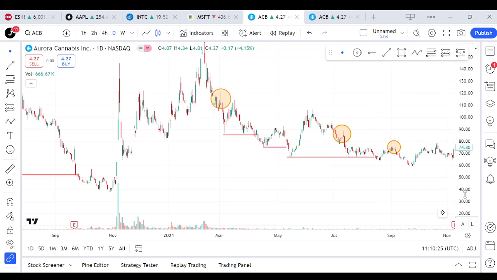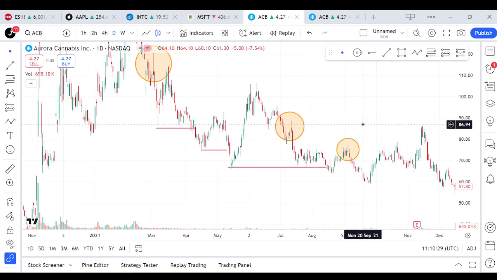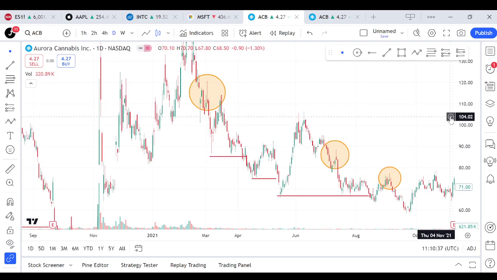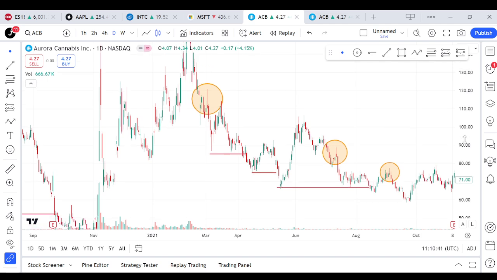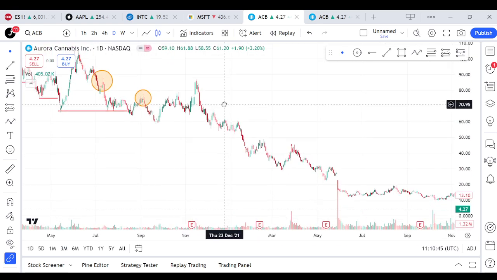Remember, this is the daily time frame, so it's more reliable than using it on the 5 minutes or the 10 minutes or 15 minutes time frame. So I would suggest you try to spot the bearish inverted hammer on the daily time frame, as it has more weight than the lower time frames.